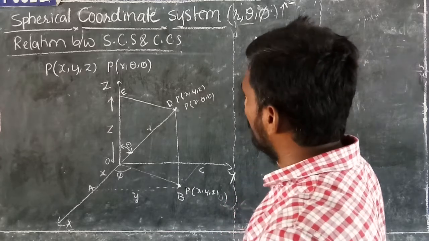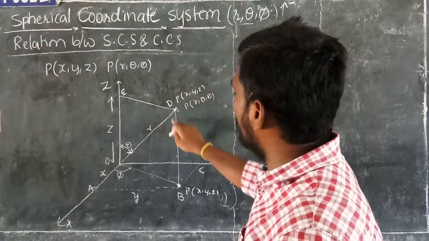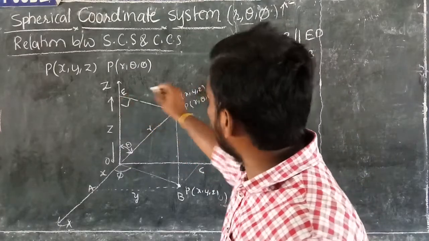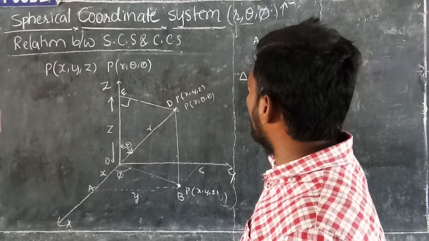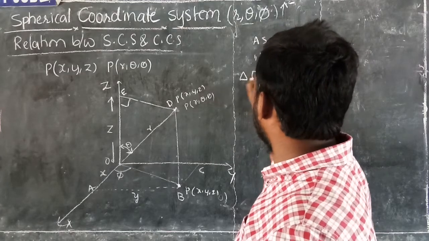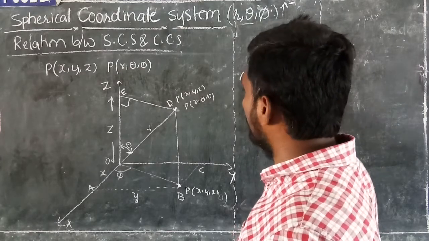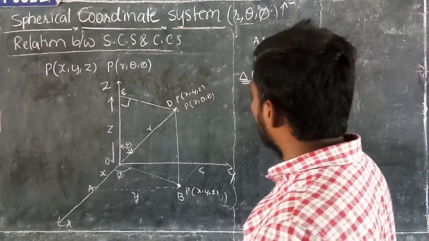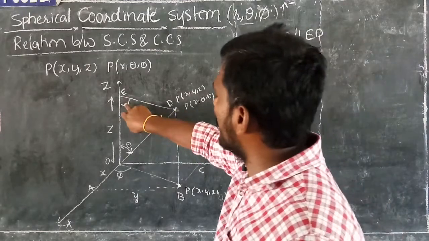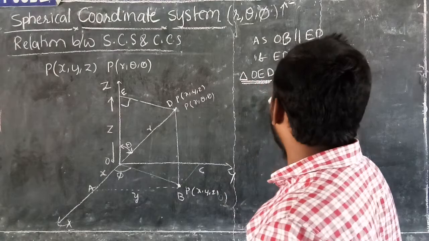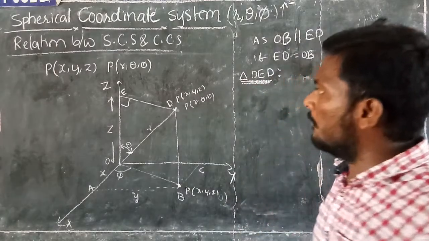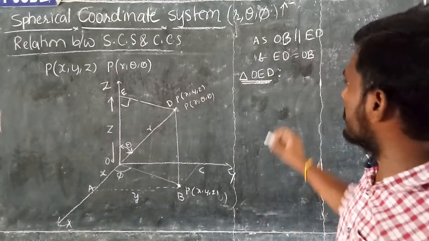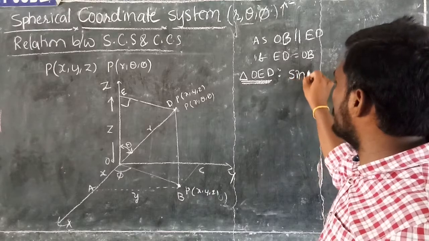So now I am trying to find the ED value from this right angle triangle OED. Apply sine. Why? Because we are going to get the opposite side, and the opposite side is defined in the sine ratio. So that's why I am applying sine theta.